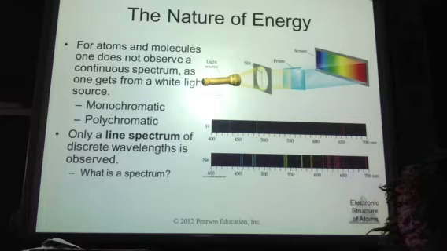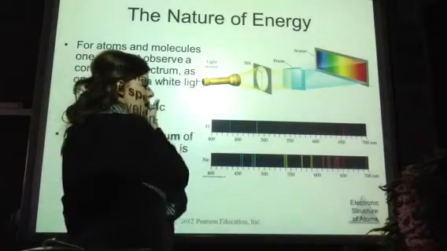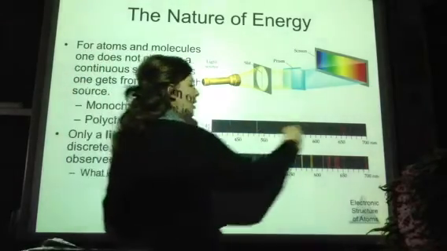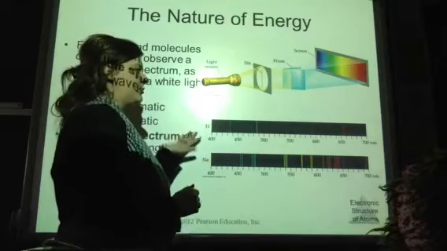A spectrum may not be continuous though. We may have something called a line spectrum, where we have only radiation at specific wavelengths. For example, for hydrogen, I have 4 wavelengths of light represented on this spectrum.